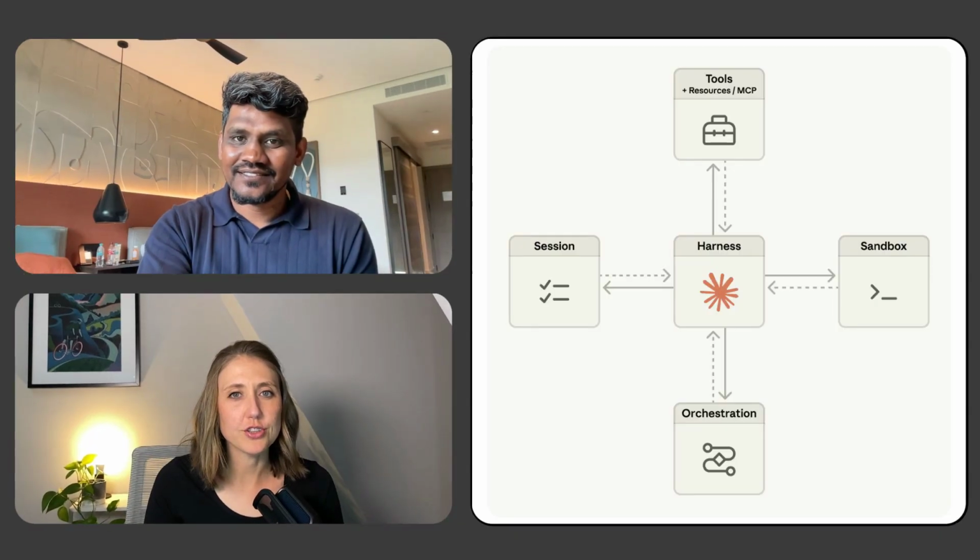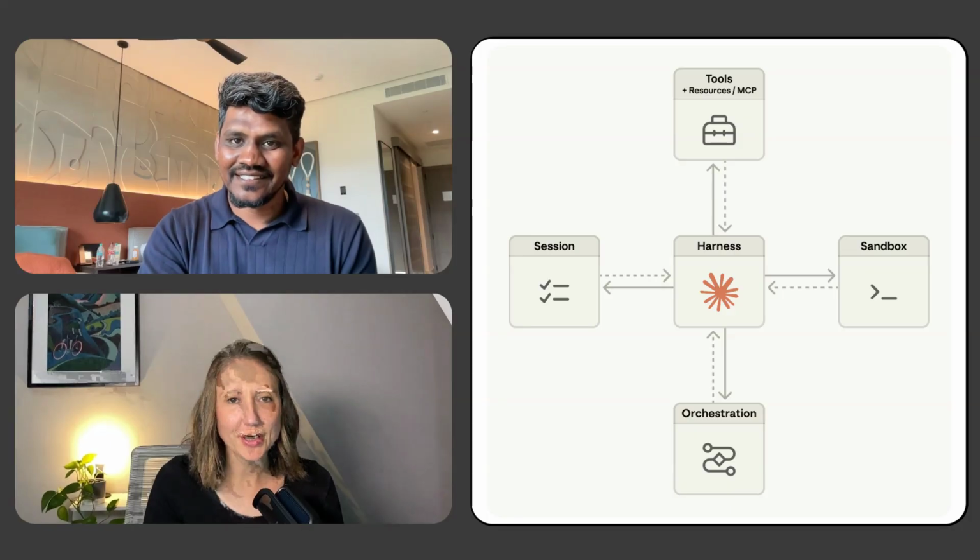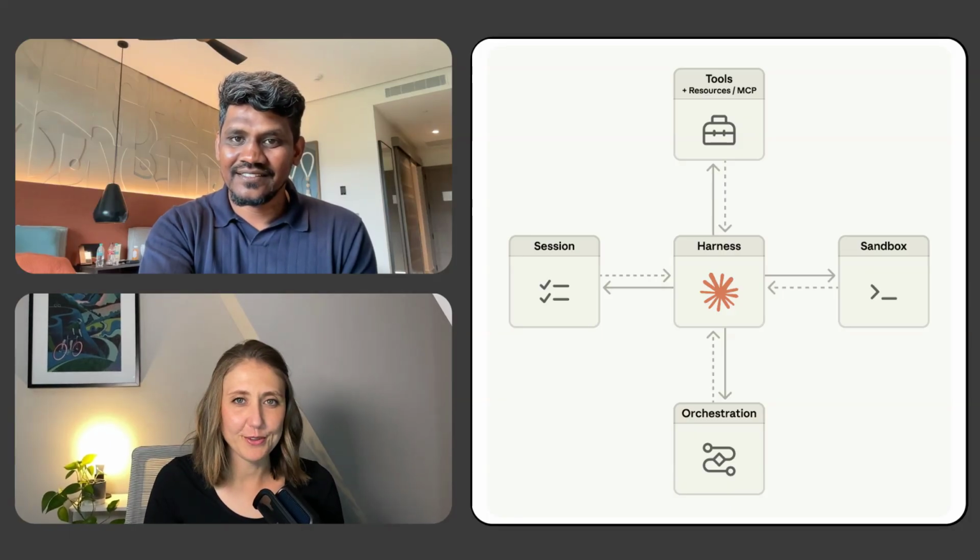Yes. And I think we should make this a bit more concrete and discuss each of these things. I just mentioned them when we showed the diagram. So if we look at this picture, let's start with tools. For me, that's the easiest because I work with MCP all the time.